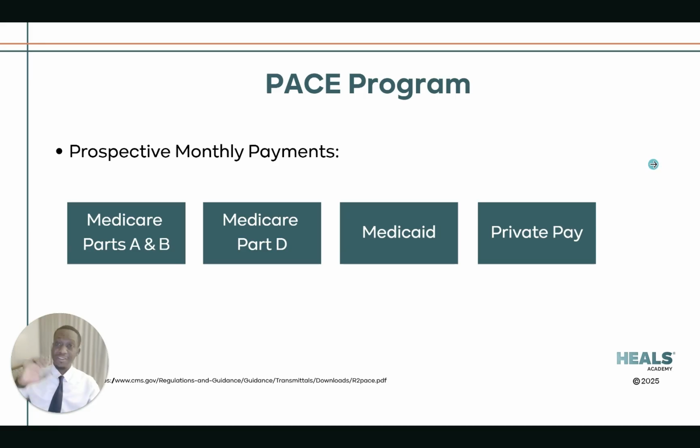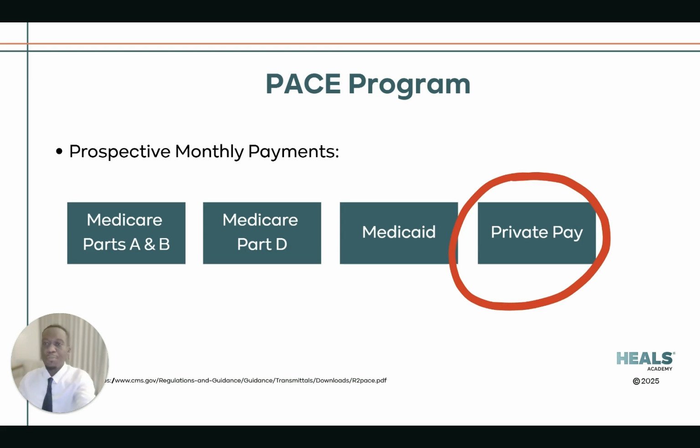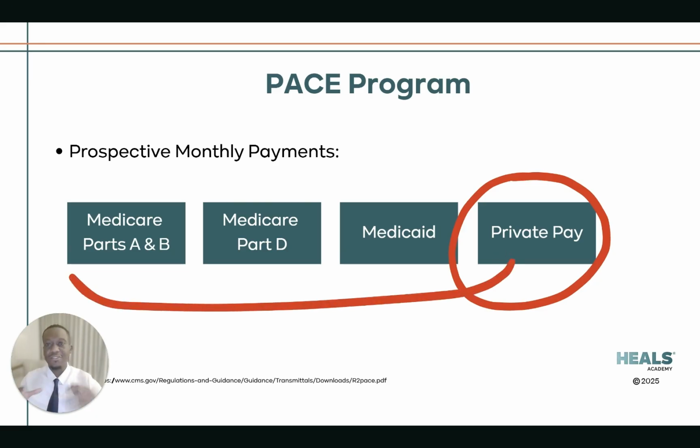Nonetheless, as we learned on the first lesson, PACE is a program between the federal and the state, and therefore PACE programs also receive Medicaid payment. And then finally, there are some private payments that come in. So PACE from a revenue cycle is looking at Parts A and B, Part D, and also from Medicaid, all these encompassing to make the prospective payment.